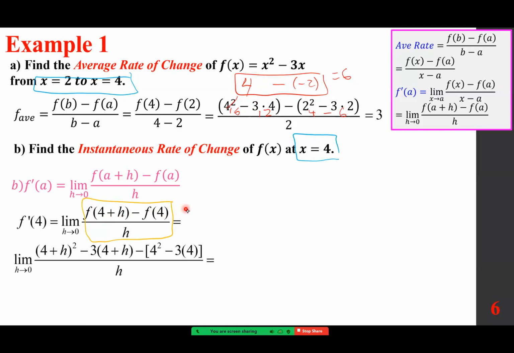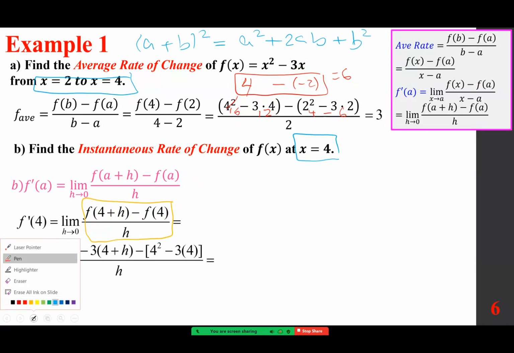Okay. So what do we get? Again, reminding everyone, a plus b squared, everybody remembers it's a squared plus 2ab plus b squared, and if I'm subtracting, I'm writing a minus b squared.